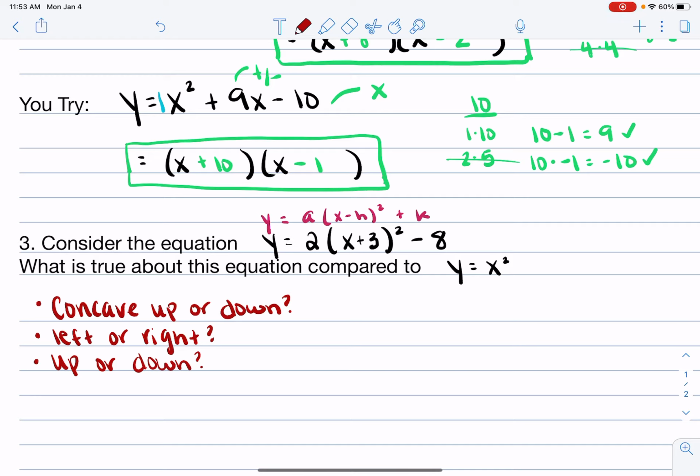And we're comparing it to the original. So if you know enough about parabolas to recognize what's happening and where it's moving by just looking at it, awesome. You know your h and k is your vertex, and that makes decisions on left and right and up and down. But something you could do is just look at them in Desmos, right?